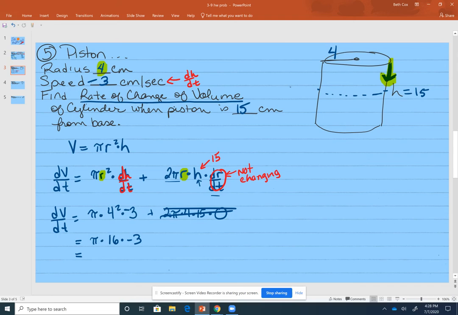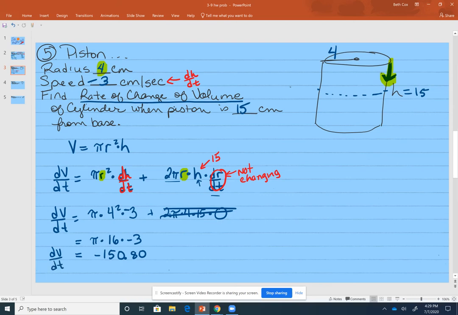Let's see if that works on my calculator. And when I do that on my calculator, I get negative 150.80, and that is the rate of my volume changing.